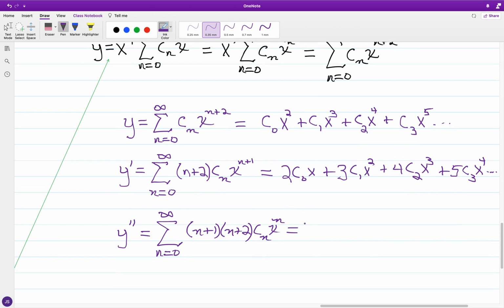So the first term we're going to have 2c naught, and then we'll have 6c of 1 times x, that's 12c of 2 times x squared, and so on.